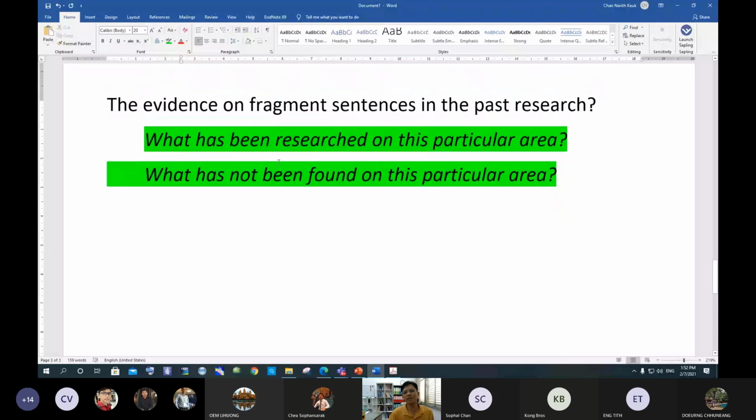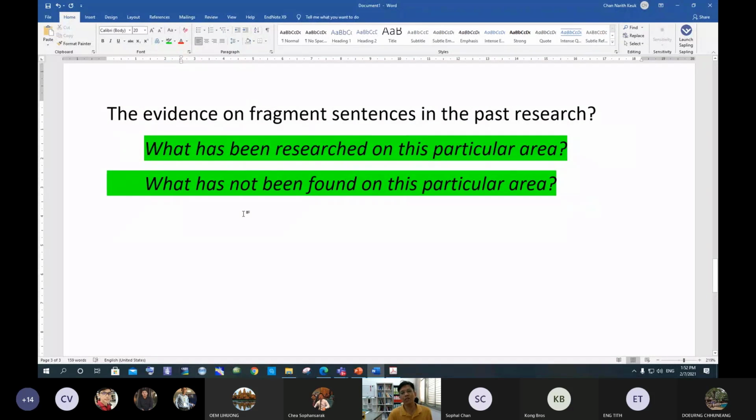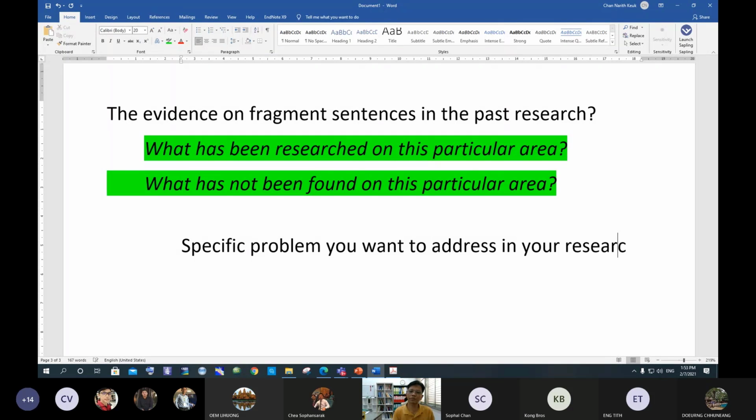So when you answer these questions, then you will be able to go on with the specific problem you want to address in your research.